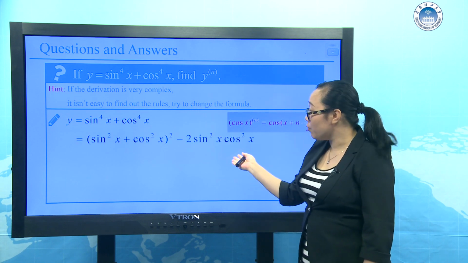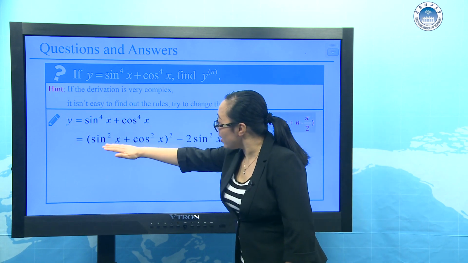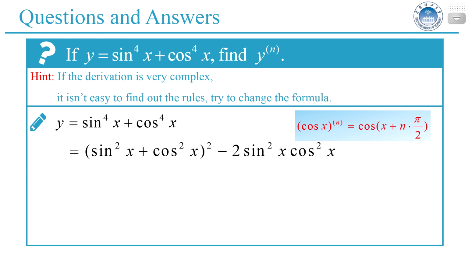Change into this form, according to (sin x squared plus cosine x squared) squared minus double sin x squared cosine x squared. The first term equals 1. So we can write it as 1 minus this term, using the double angle formula.